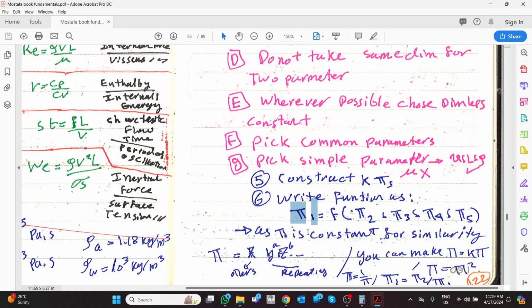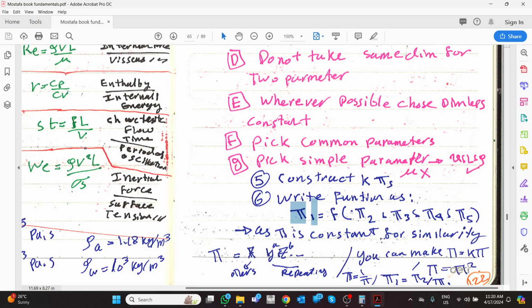So based on this, let's define how to write pi. We already checked it before, but now we're going to write any pi here. For example, the first pi is the primary parameter multiplied by the repeating parameters, each parameter to the power a, b, c, d, till etc. Of course, I forgot to state here, multiplied by any k, any constant, even the constant here, which is pi.